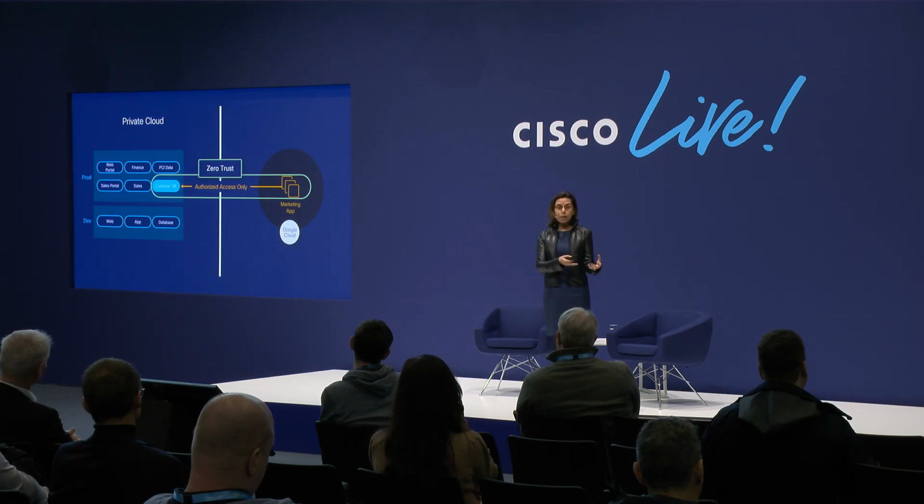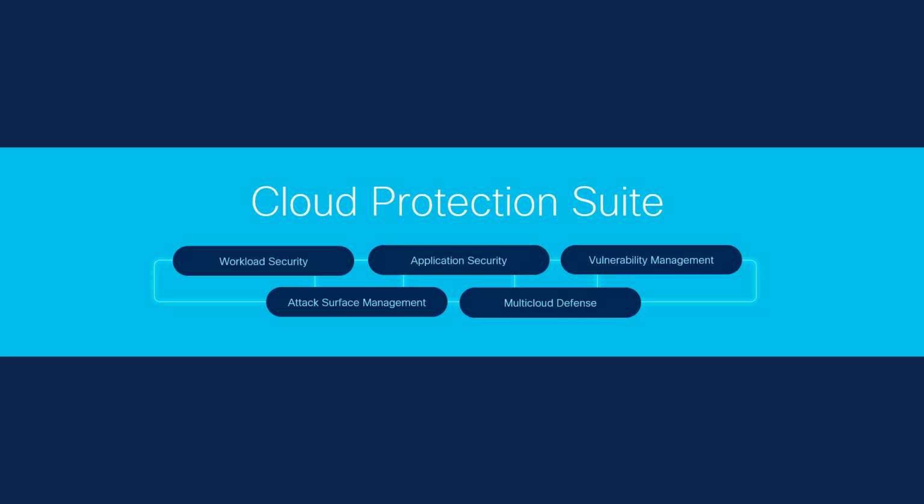So from your private cloud to public cloud, you can have secure access, you can share network objects across those environments, and this makes it really, really simple for you to manage those. And again, multi-cloud defense is part of our cloud protection suite that has other capabilities in it too, all of which we have integrated, again, with a view to deliver outcomes and not point products.